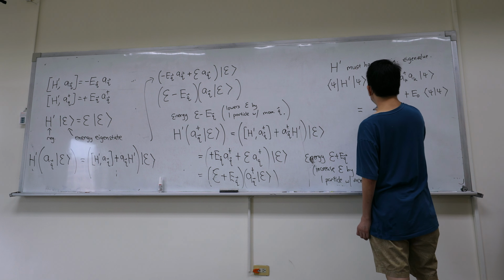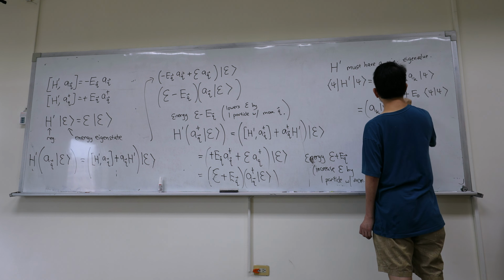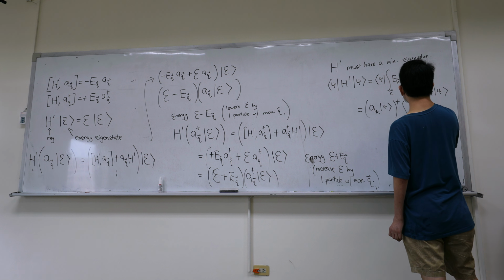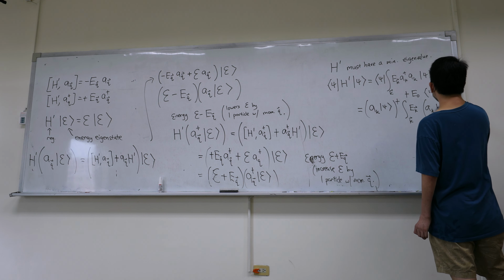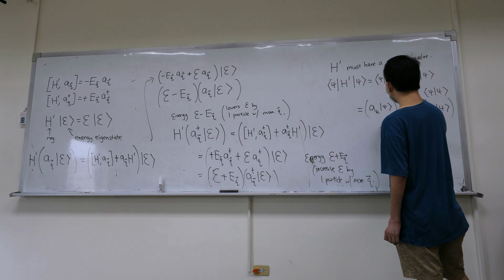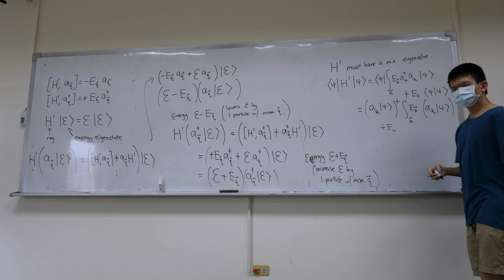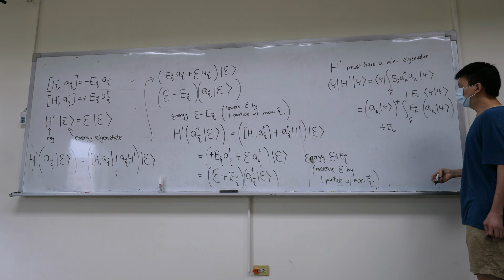We have AK acting on psi dagger, and then integral over K, EK, AK psi, okay, plus E naught. I'm assuming that psi is normalized to 1. If it's a physical state, it better be normalized to 1.